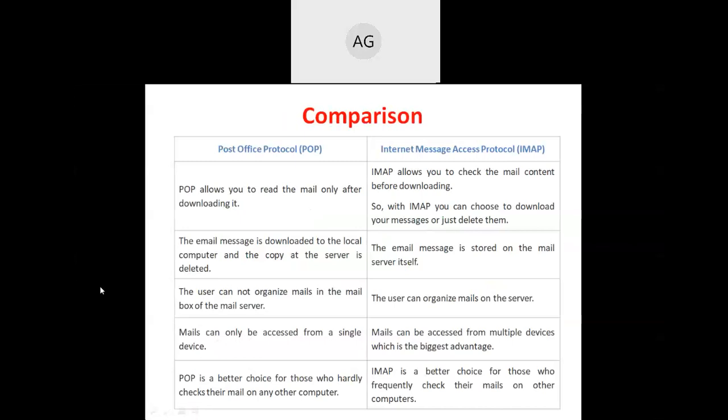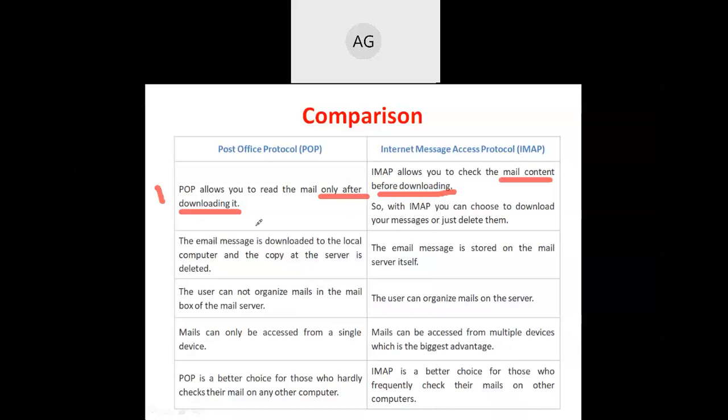Now comes the comparison between the POP and the IMAP protocol. The first difference is POP allows you to read the email only after downloading it. In IMAP, it allows you to check the mail content before downloading. So with IMAP, you can choose to download your messages or just delete them.